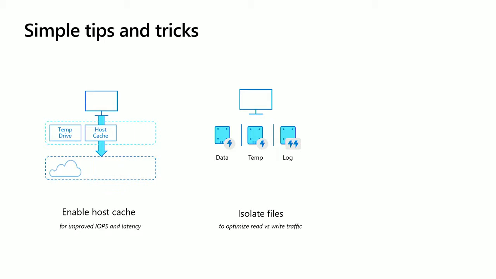You will then potentially, if you need sub-millisecond writes on your log, put them on an ultra disk, but isolate those from a disk standpoint, put them on different disks, as well as your temp DB. What do you actually need it for? Is it just for sorts and order bys that you're not going to persist? Then consider using local SSD, because that's going to give you great performance, and you don't actually have to put it on a separate managed disk.